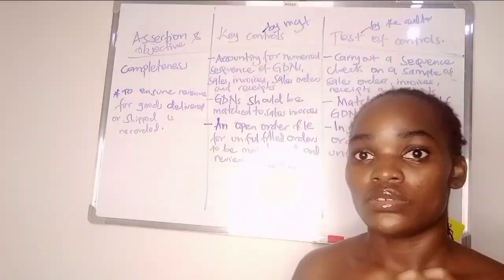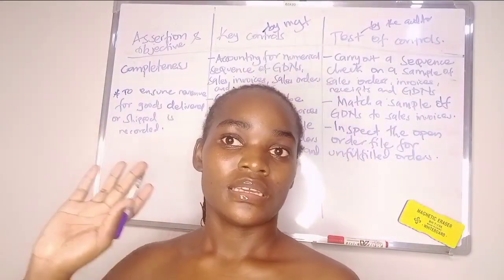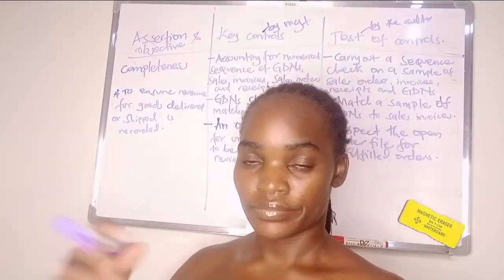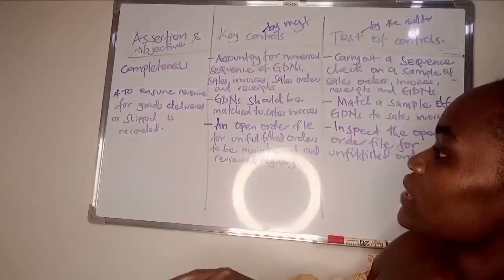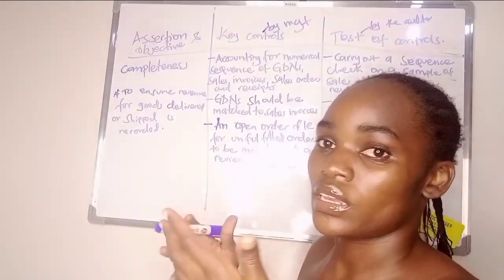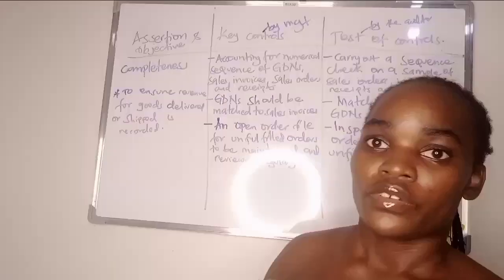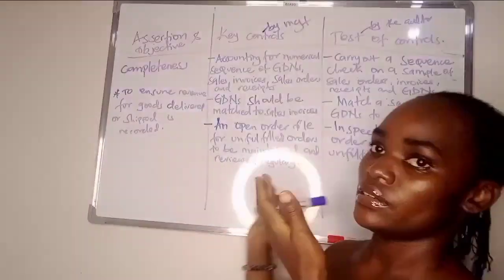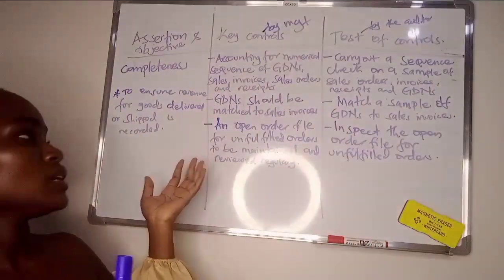So that those that were fulfilled are ticked, and those that were not fulfilled are left there unticked. So how can the auditor test this kind of control to see if it's really working? The auditor is just supposed to inspect the open order file for unfulfilled orders. Just inspect the file. So that is the assertion of completeness.